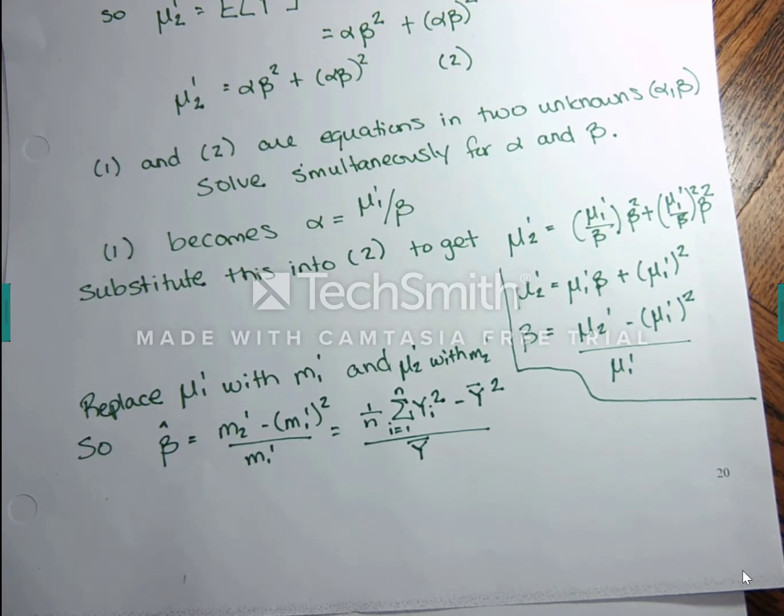So notice here, we get the y bars because y bar is equal to 1 over n, the sum of the yi's, which is exactly what the first sample moment is.